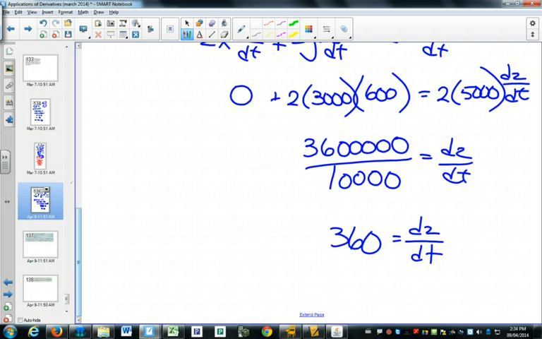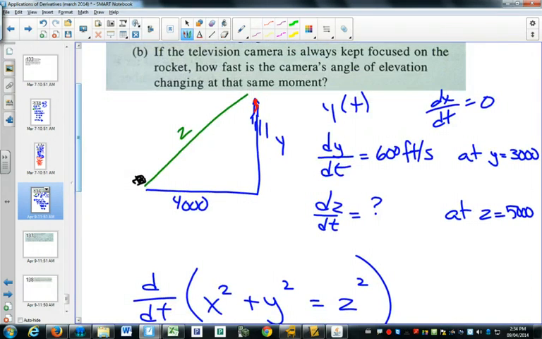Is this increasing slower than the rocket going up? Yes, it would be just slower, because of the distance of 4,000 feet to the side. I guess eventually it would approach, when it's going almost straight up and down, they would be almost the same. But before that, it would be increasing quite slowly. Even though the rocket is going up fast, this length might not be increasing that fast. So maybe this does make sense.